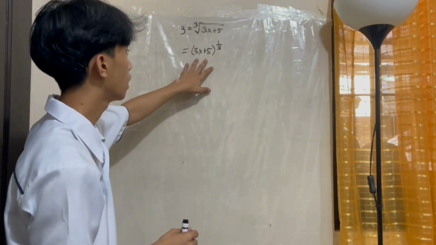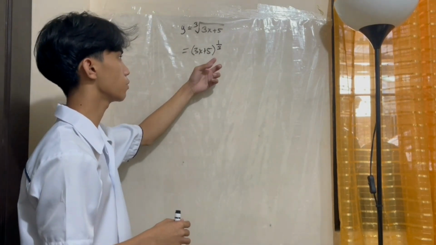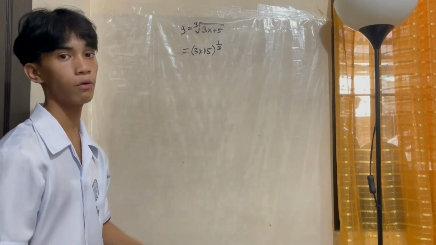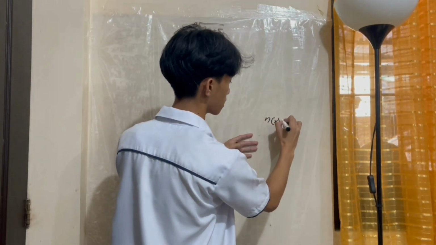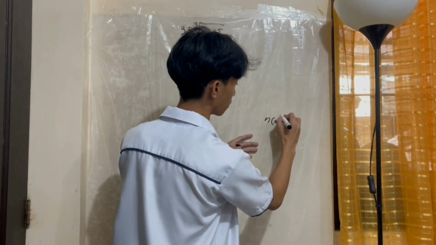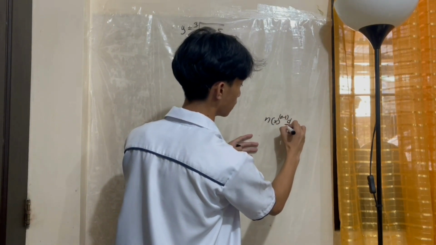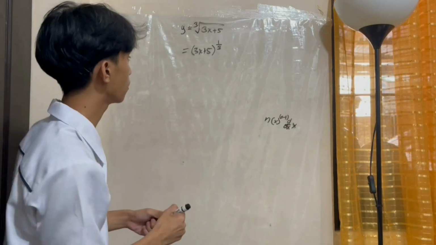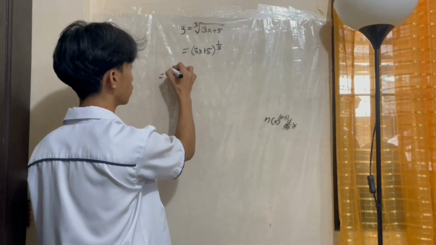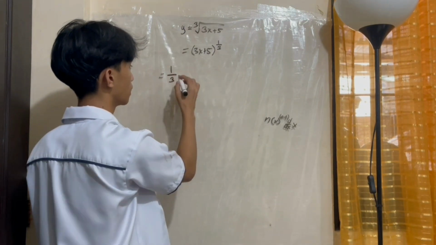Now, our second step is we need to use our formula, which is n multiplied by x raised to n minus 1 multiplied by the derivative of x. Now, our n is going to be 1/3.